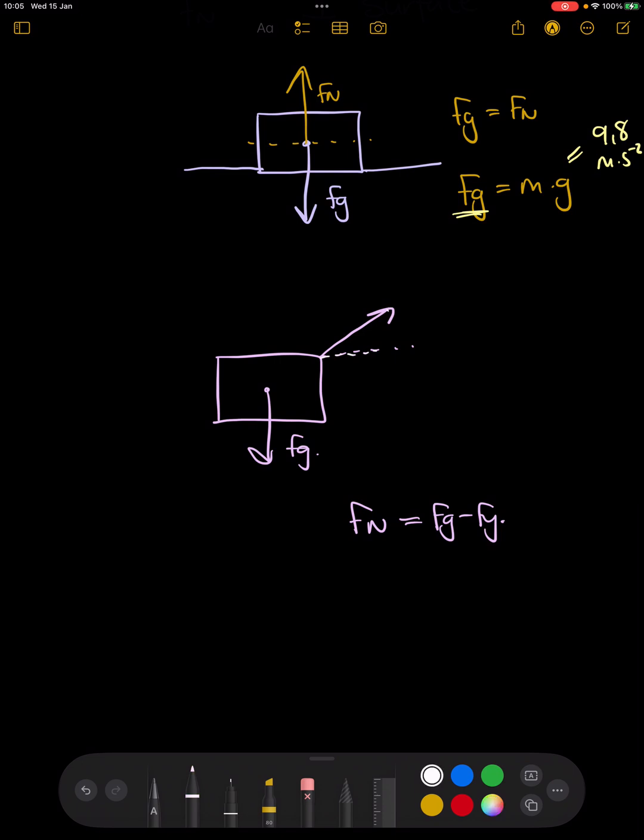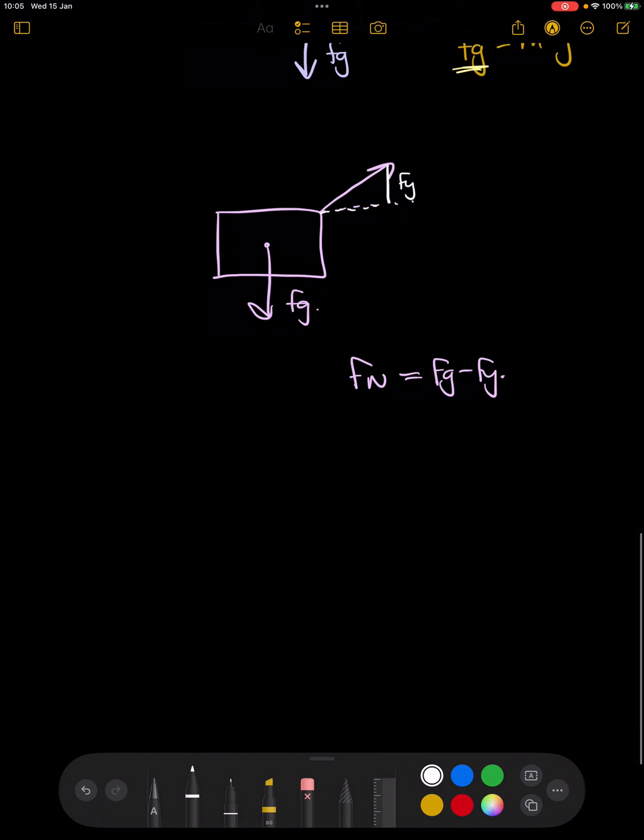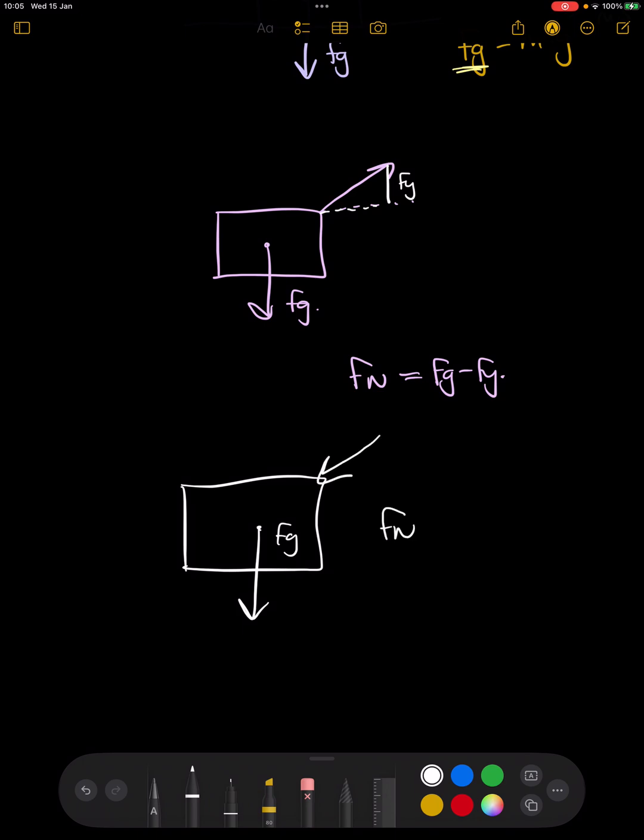My Fg is going to be this value over here, and my Fy is going to be that value over there. So to get my normal force, I have to subtract those two from each other. If I'm pushing down on my block, then my Fn is going to be equal to my Fg plus my Fy. My Fy I would calculate with trig. We're going to be doing a lot of trig, and we'll do a few examples of those in just a second.